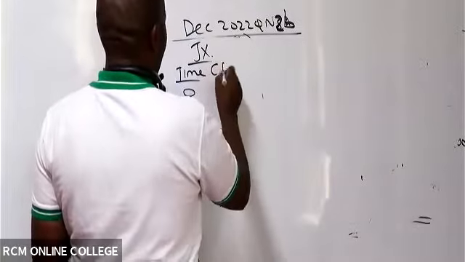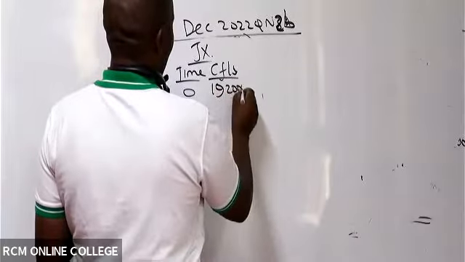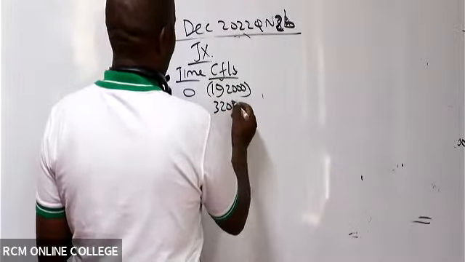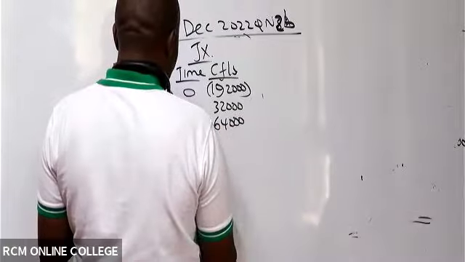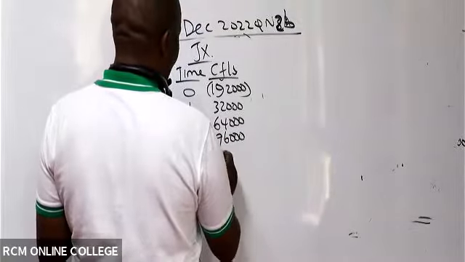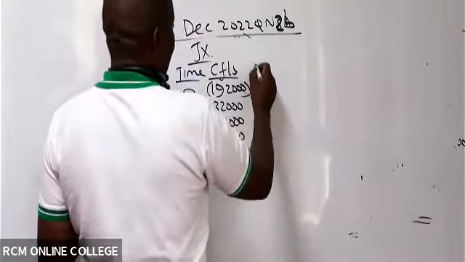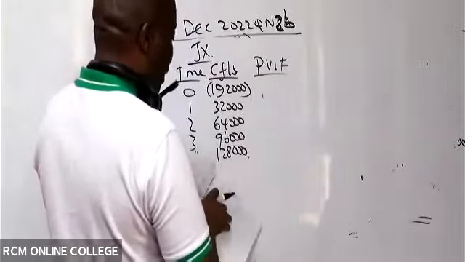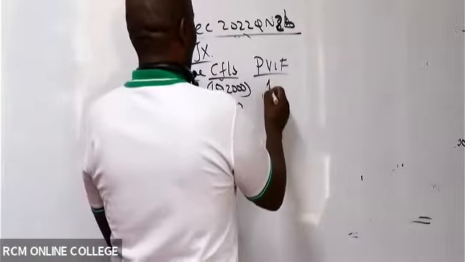Then give us the cash flows: $192,000, 32,000, 64,000, 96,000, 128,000. Fortunately, we have the present value interest factors, the discounting factors. We copy them the way they are, not forgetting that the PV for time 0 is always 1.